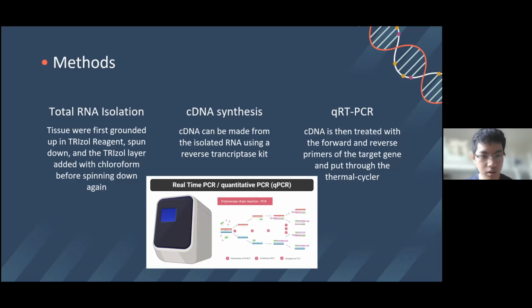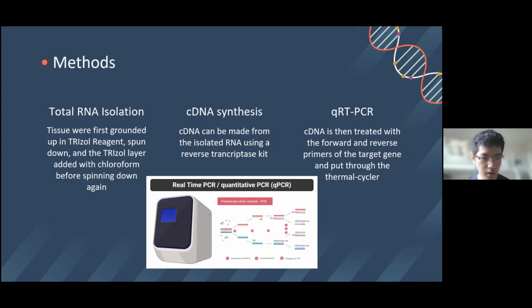The methods used during this experiment could be broken down into 3 components. The first was the total RNA isolation, where the tissue was first ground up in TRIzol reagent and spun down, and the TRIzol layer was then added with chloroform before spinning down again.